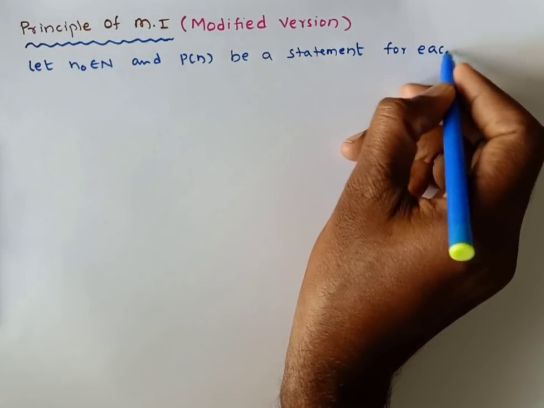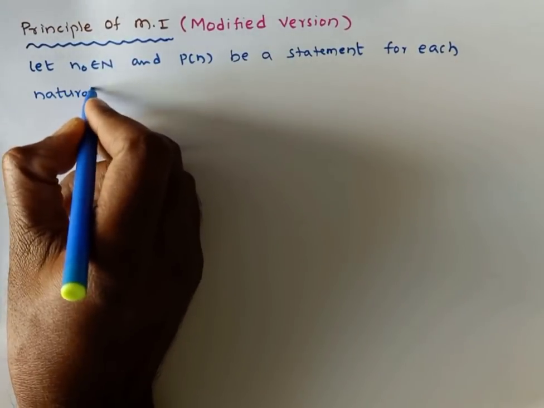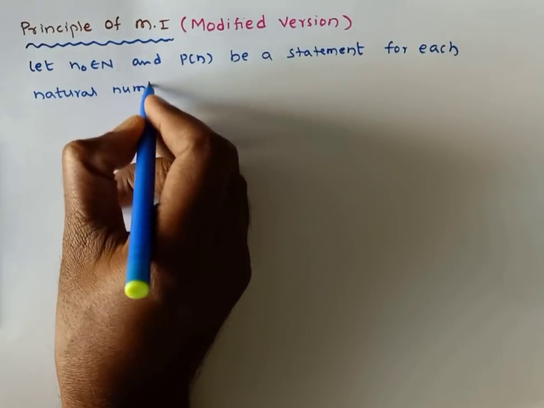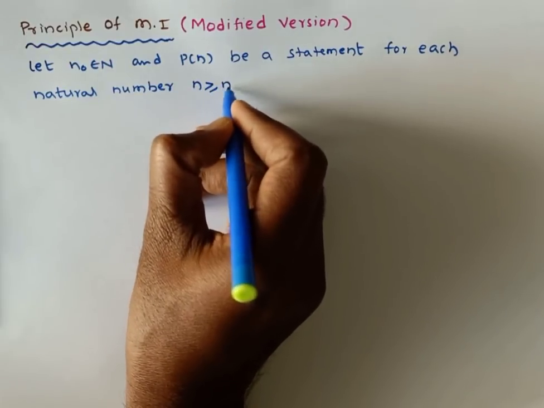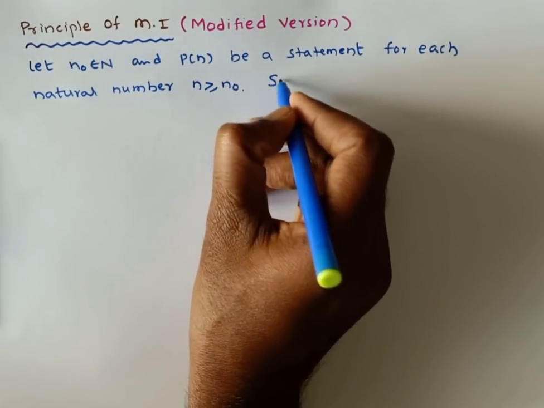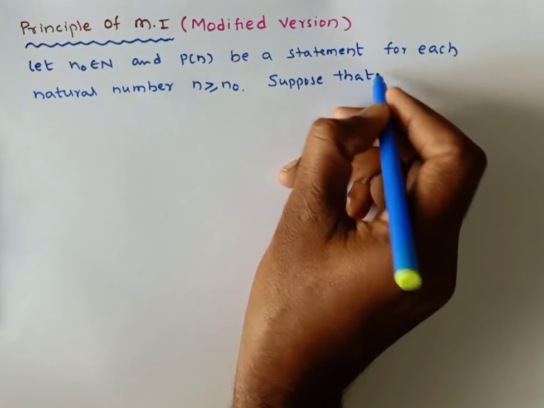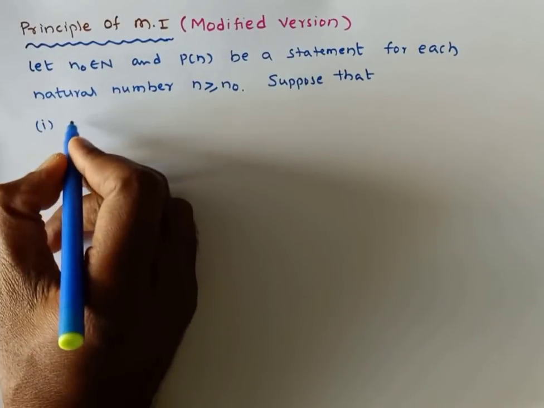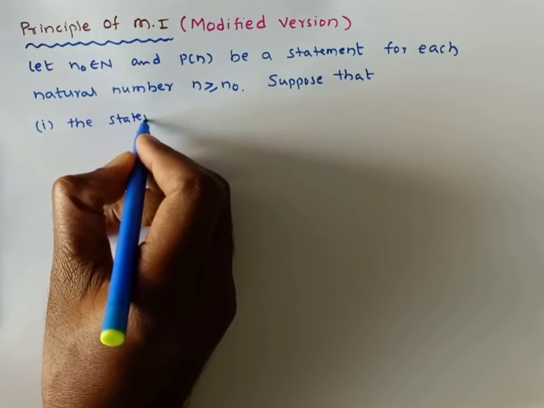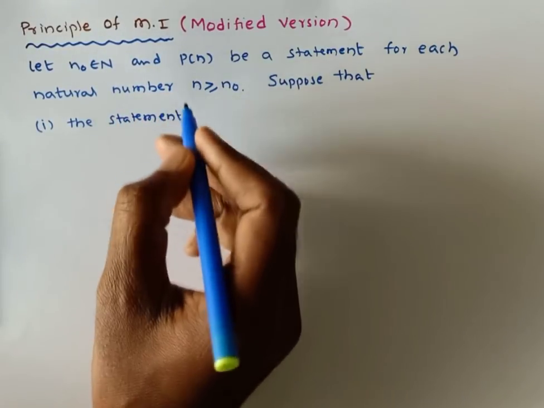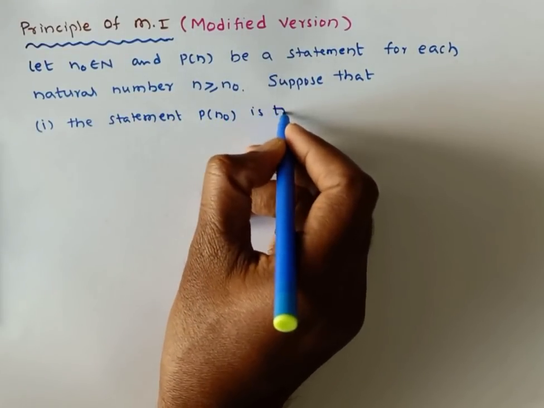For each natural number n which is greater than or equals to n naught, suppose that number 1, the statement, here, what is the statement? P of n. So the statement P of n naught is true.